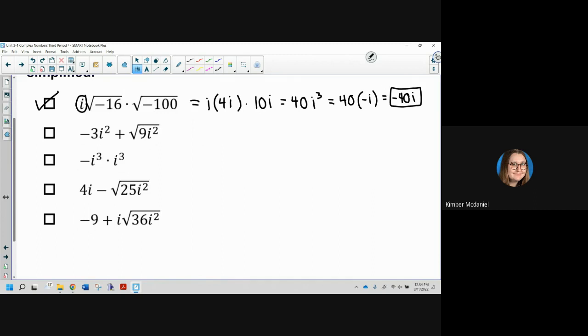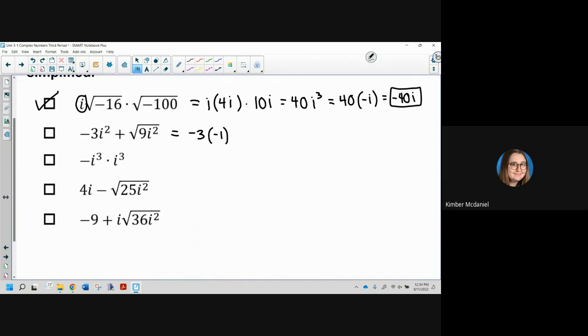Again, work down the line in these expressions. Go left to right. So looking at the first part of this expression, we have an i squared, which we know to be negative 1. That's one of our key facts. So I'm going to replace that i squared with negative 1.